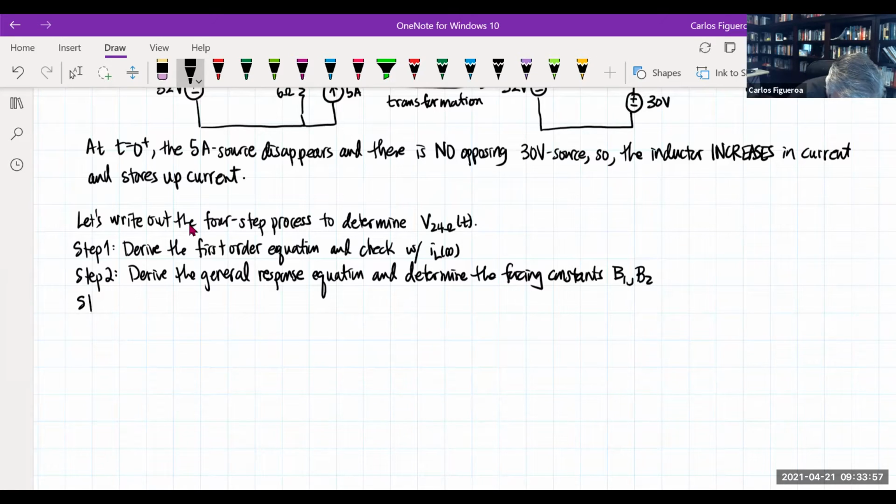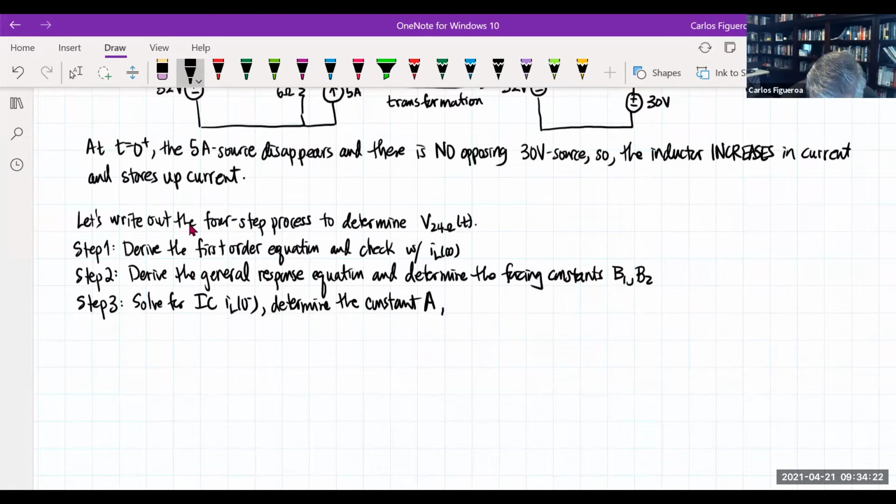And then our next step here, step 3, is that now we solve for IC. In this case, it's going to be IL at 0 minus. We need to determine the integration constant, which I call A, and write out the complete response, IL of t.